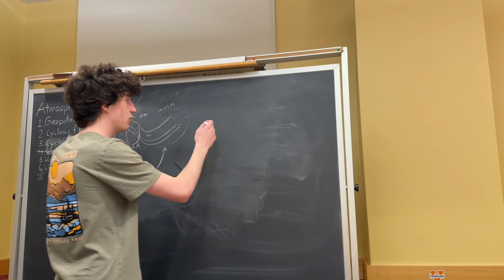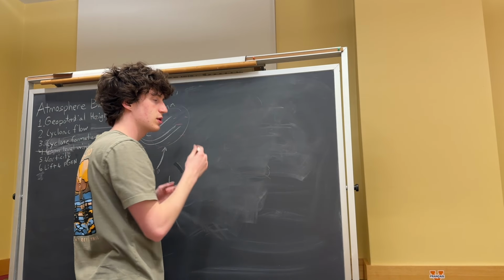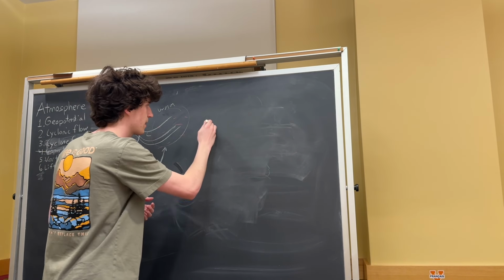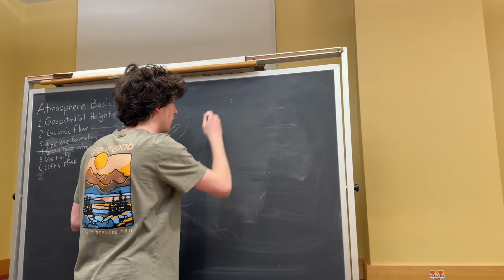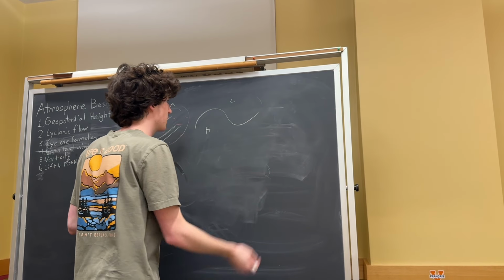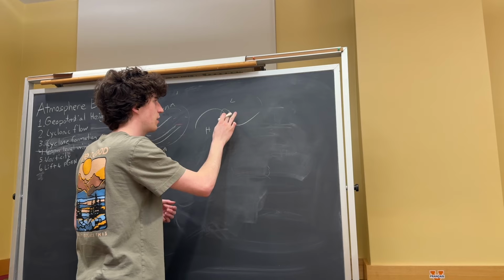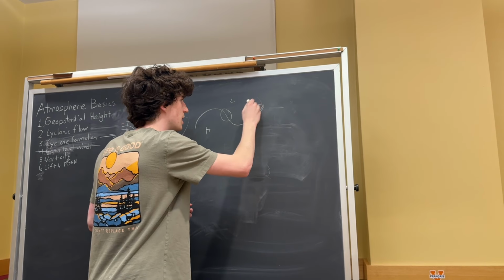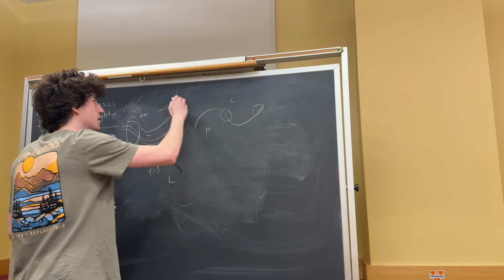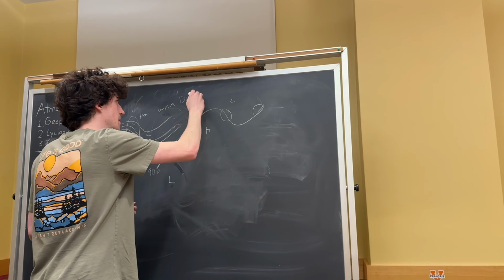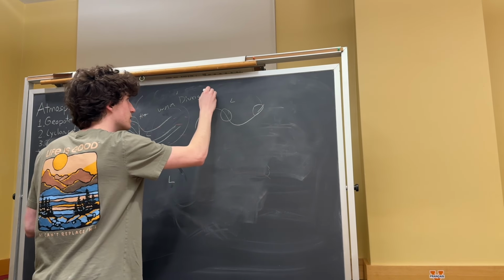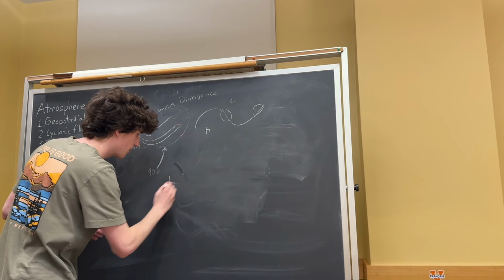And also, if you remember all super and subgeostrophic flow, if you have a high and you have an upper level low, this is the jet stream. You're going to have convergence aloft here, divergence here, so you also have divergence, which further strengthens this surface flow.